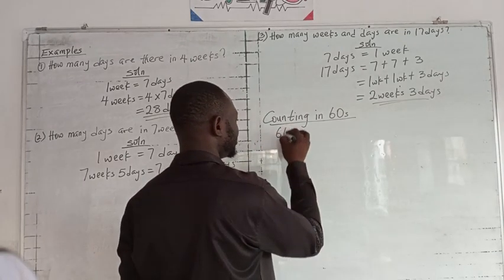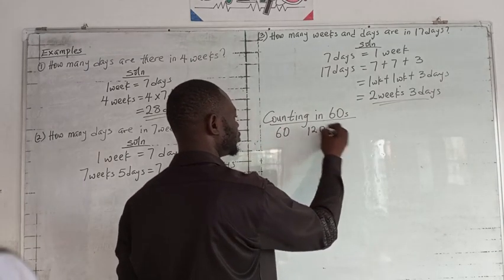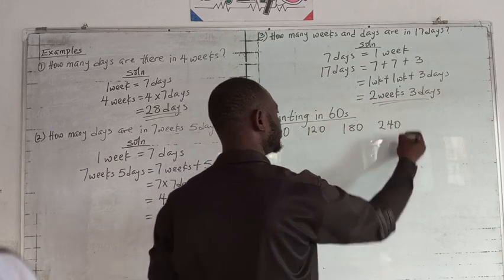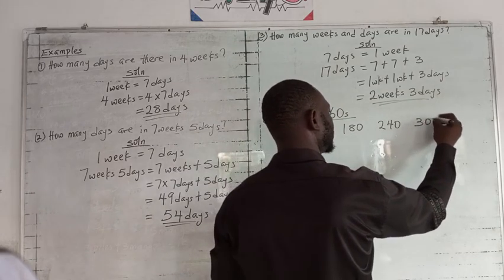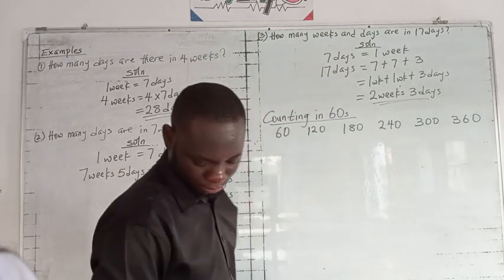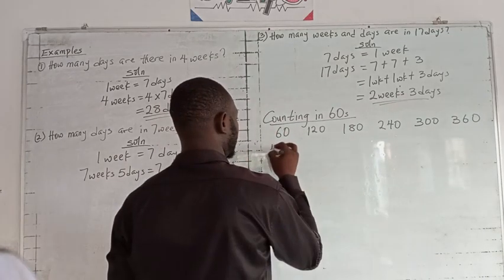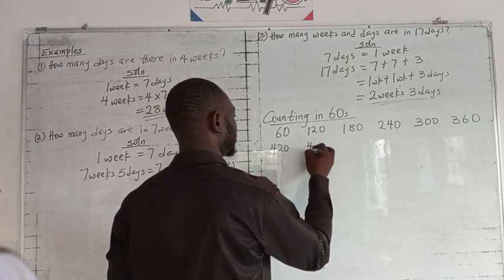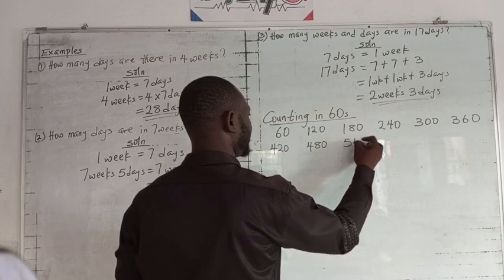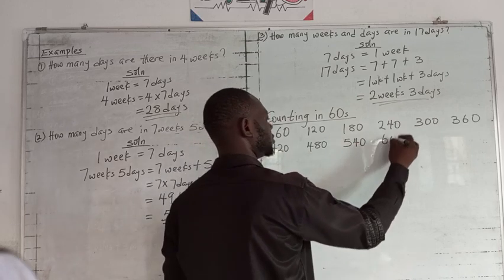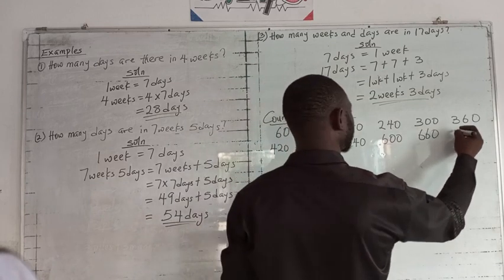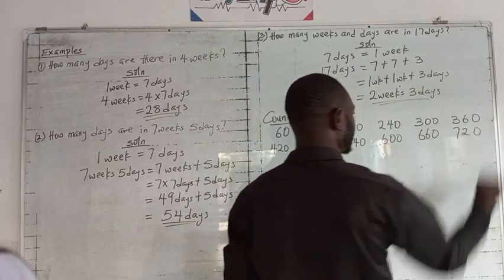Let's go. 60, 120, 180, 240, 300, 360, 420, 480, 540, 600, 660, 720.